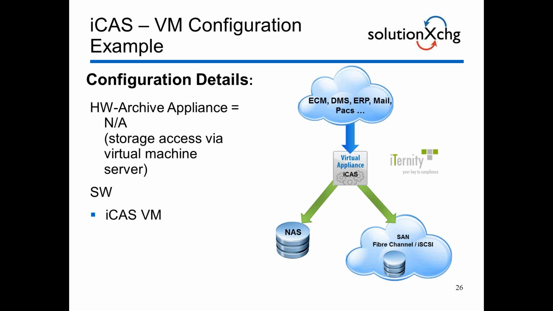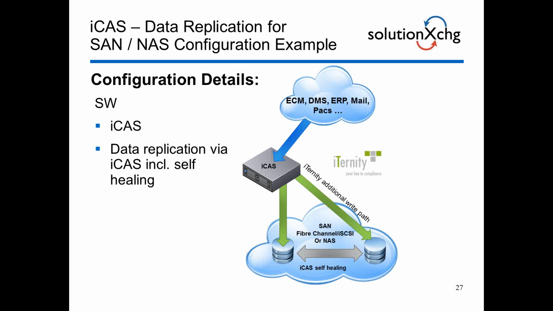You can build your archive using LUNs out of your NAS devices and LUNs from your SAN devices, and you can combine those into a compliant archive using ICAS. Also, you have what I've said before, the additional write functionality, where you can configure ICAS to not just write to one storage device but simultaneously write to a second storage device.